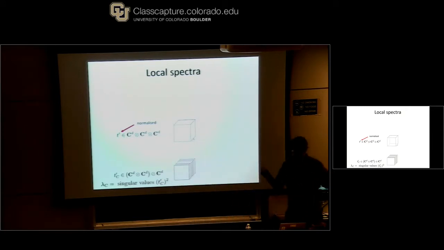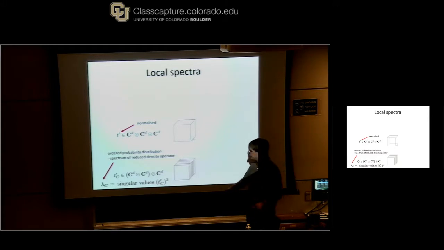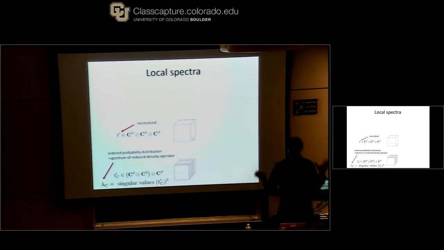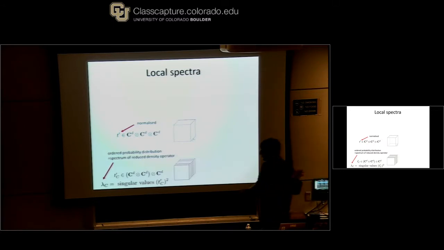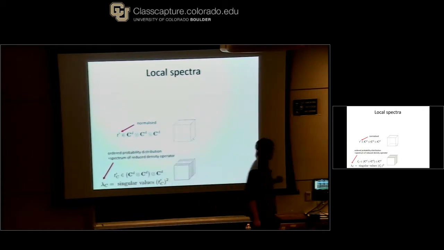Actually, if you were to take this 3-tensor and look at the reduced density matrix of particle c in this case, then these are the eigenvalues. So the singular values squared, these lambda c's, are the eigenvalues. Okay.